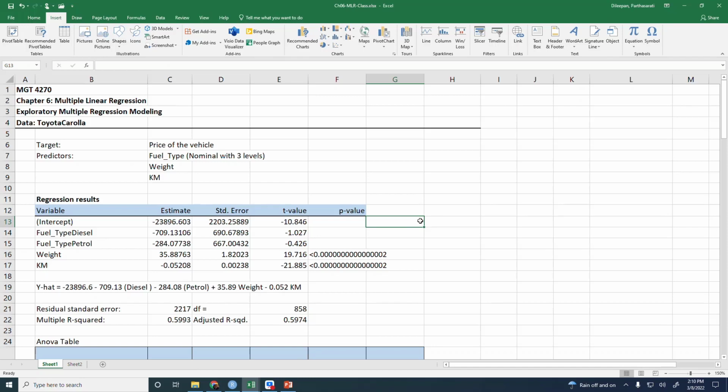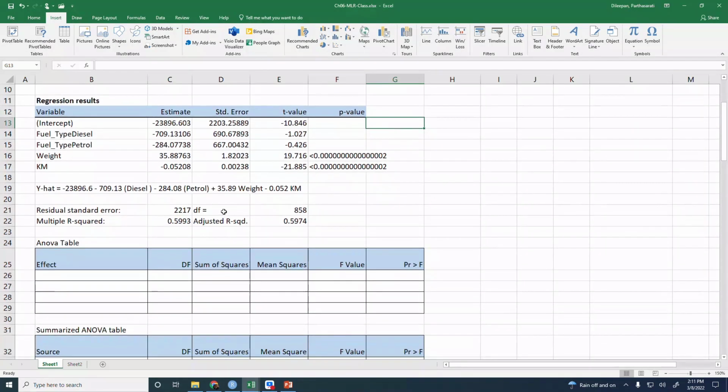This is the probability that the slope is 0 for kilometers, and it is extremely small. So it's most certainly a significant variable. And then, of course, R squared says how good the fit is. So you have the variabilities in Y. We'll talk about that in just a second.